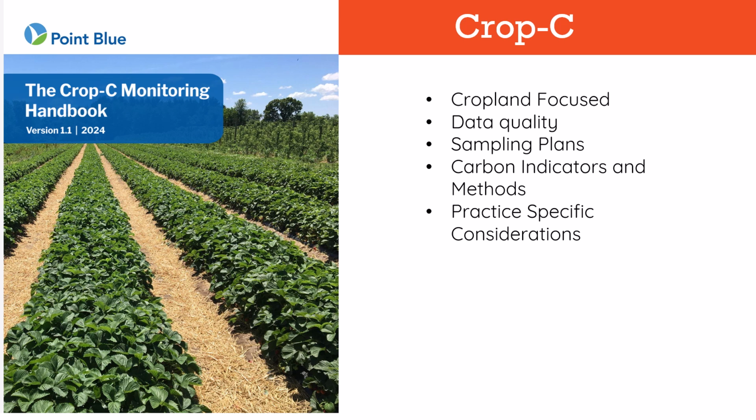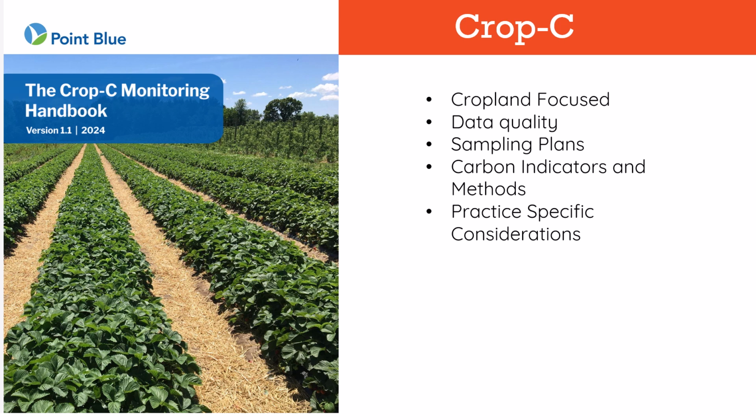They developed the Crop C Monitoring Handbook for using on cropland operations. They have sections discussing data quality and what is required to get the level of quality that your planning purpose requires. They have information on sampling plans to help you decide where you are sampling and how many samples you should take to meet your quality needs.